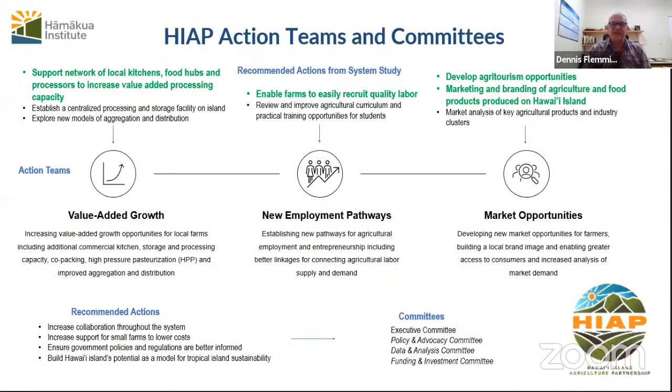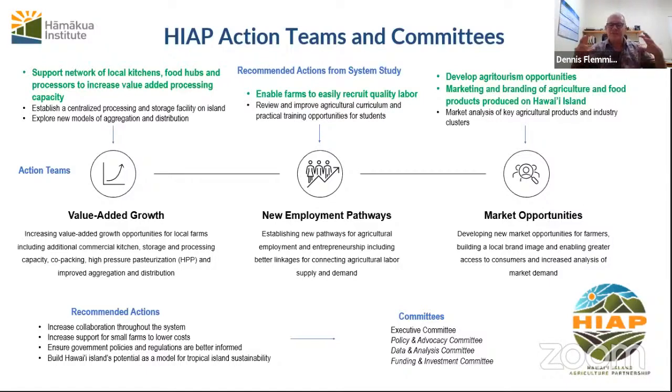And the system study ended up proving to be very timely. We have a lot of people interested in collective action and collaboration around agriculture, and there are already a lot of HUIs out there working in different aspects of agriculture.